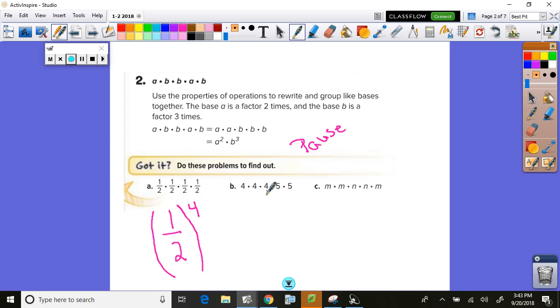Here I have 3 4s, so that's 4 to the third times 5 squared. Letter C, I'm going to rearrange it and put all my m's together and then my n's together. So this is m to the third times n squared.